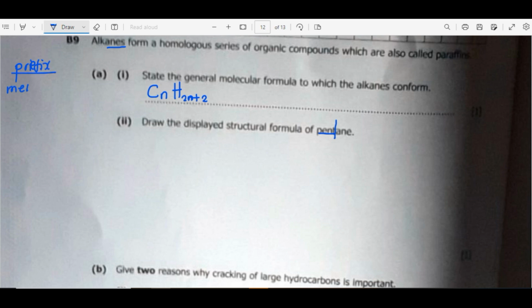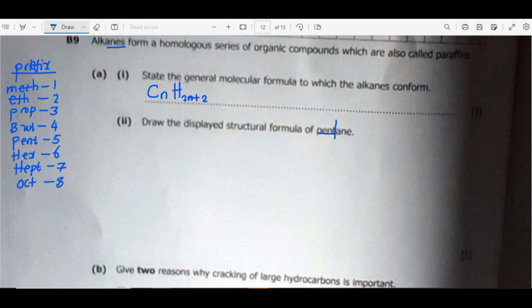The first one is meth, where you have 1 carbon, eth, 2 carbons, prop, 3 carbons, but, 4 carbons, pent, 5, hex, 6, hept, 7, oct, 8, non, 9, dec, we have 10.